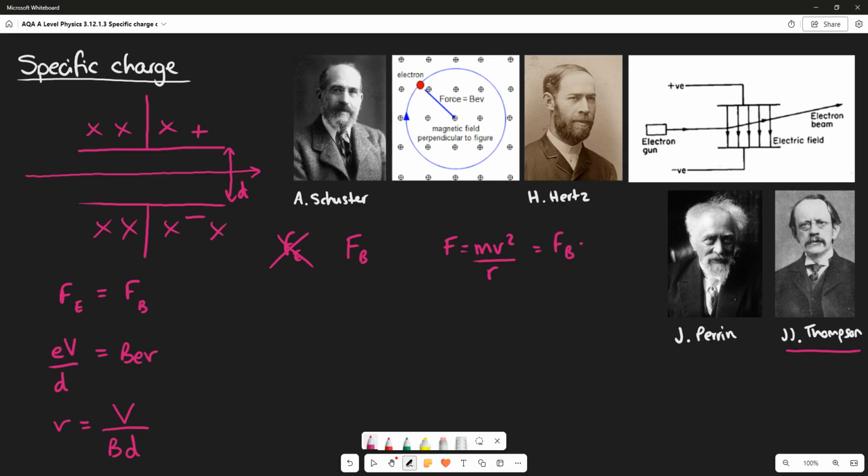and that centripetal force was caused by the magnetic field. And the magnetic force was this. Rearranged for velocity, he can now equate these two equations because the velocity of the electrons as they enter the field hasn't changed.